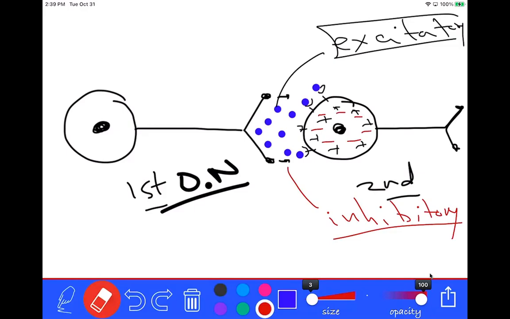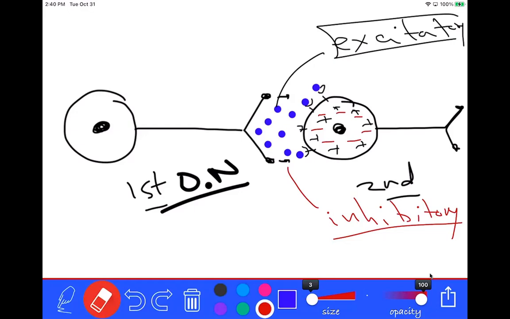So how we describe the neurotransmitter, excitatory or inhibitory, is not about the final response that you get. It's about the response of the next neuron.